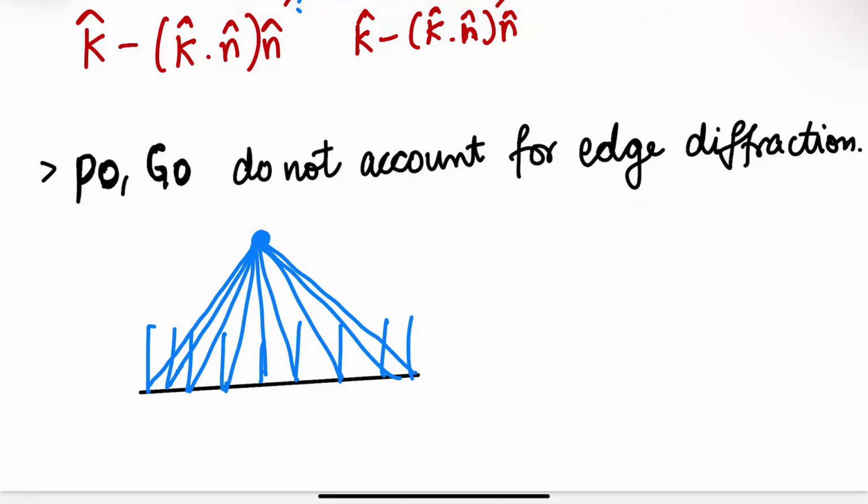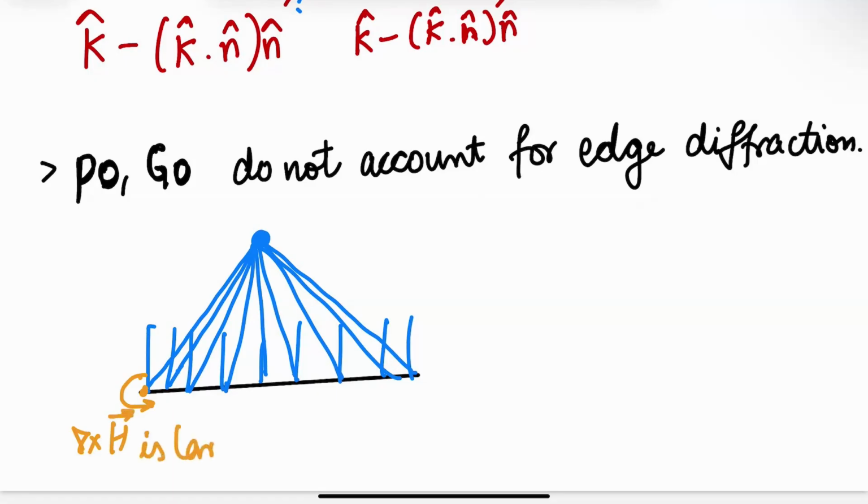But keep in mind that both geometrical optics and physical optics are local. So for example, when you find the current here, you only look at the incident field here. But that doesn't account for the fact that next to this, there is no metal. So it doesn't really know that this is an edge. We know that at an edge, to satisfy the magnetic field boundary condition, the curl of H here is very large because it has to bend quite significantly or very fast in space.